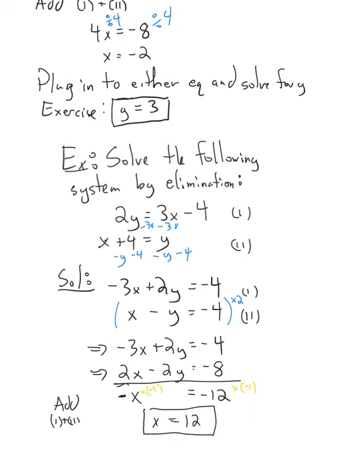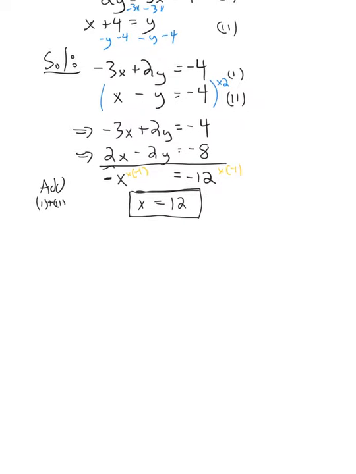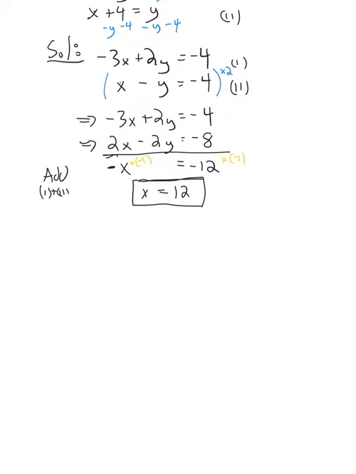And once we do that one elimination step, the other steps are, of course, the same as before. We just plug in to either equation to solve for y, just like we did with substitution.